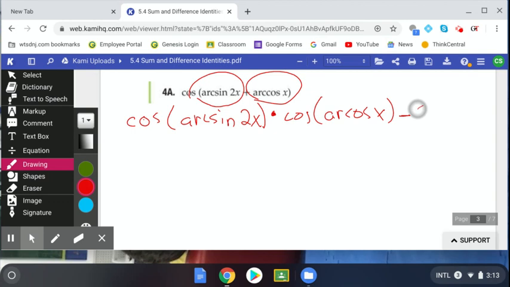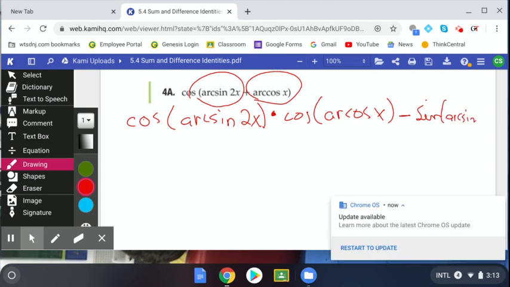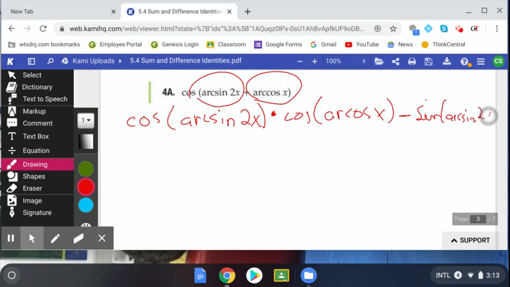So sine of the first, which should be arcsine 2x, times sine of the second, which is arc cosine x.